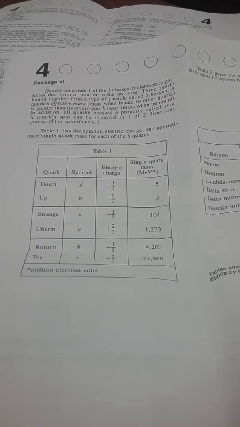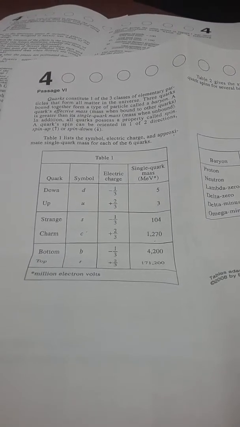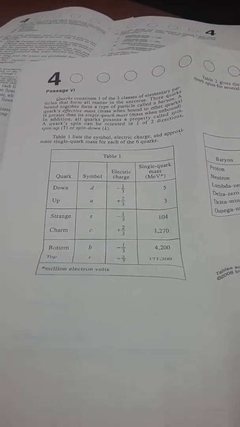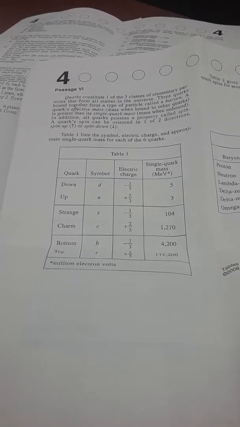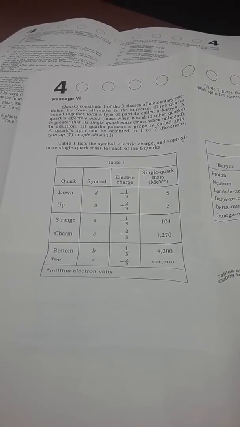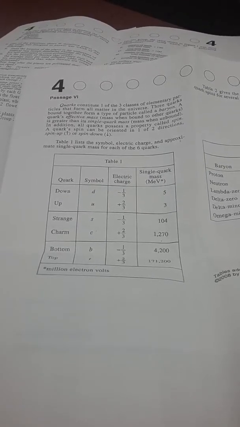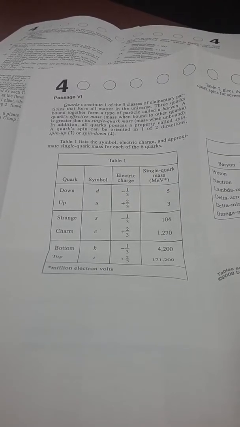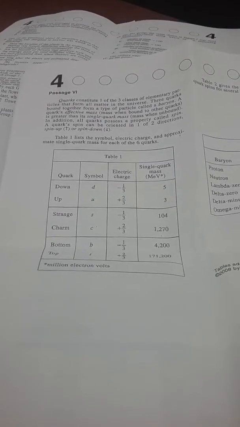A quark's effective mass when bound to other quarks is greater than its single quark mass when unbound. In addition, all quarks possess a property called spin.